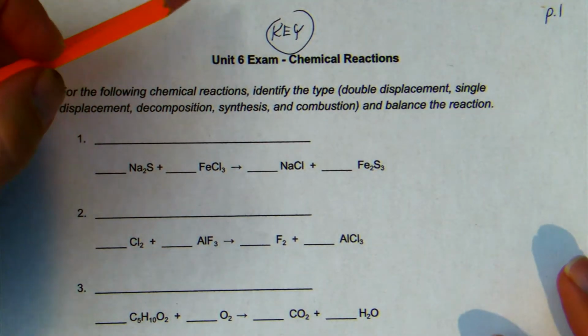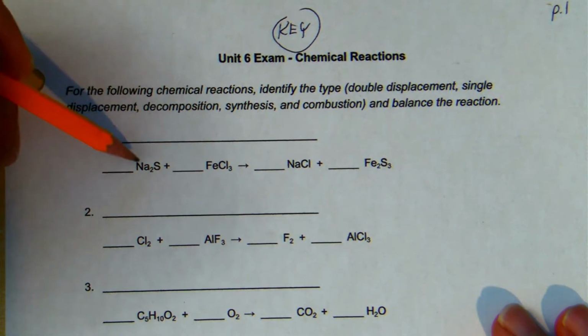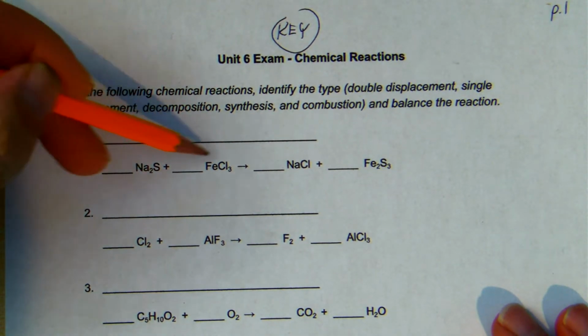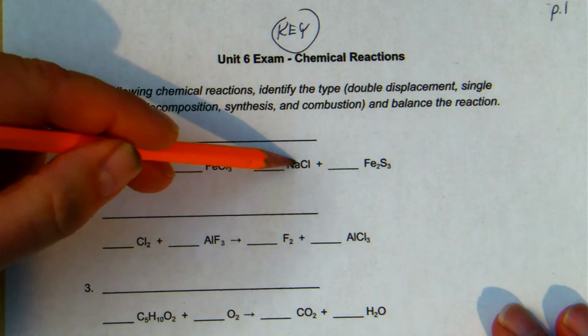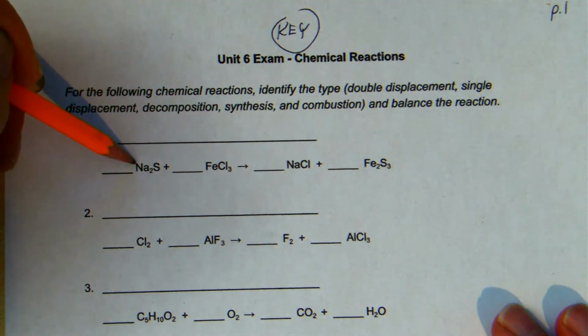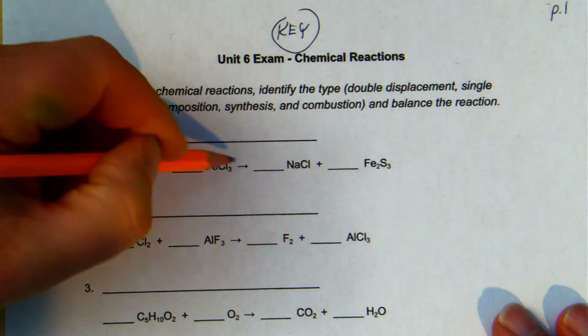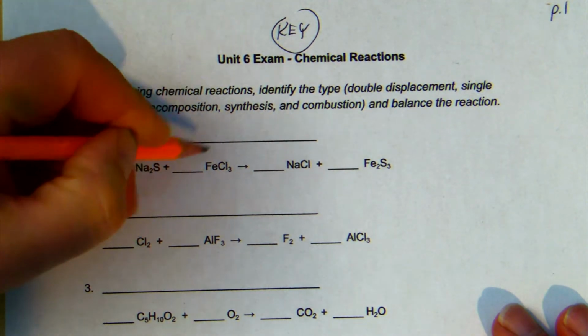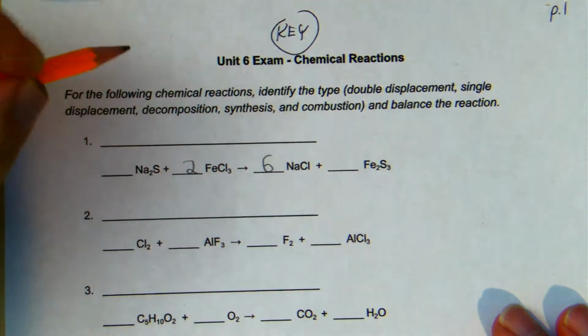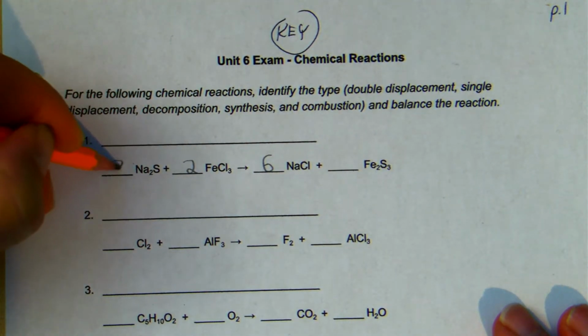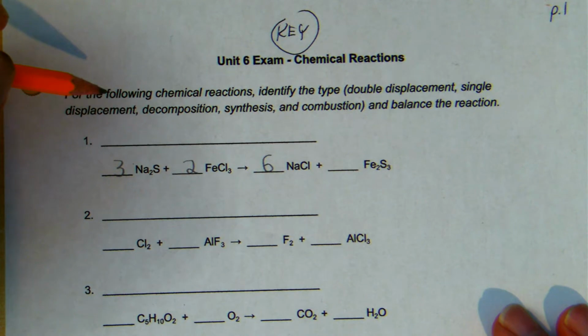Doing this kind of quickly, I'm going to try putting 3 calciums here, but I can only go by 2s for the sodiums. So let me try putting a 2 here and a 6 there and a 3 here and see what that does.